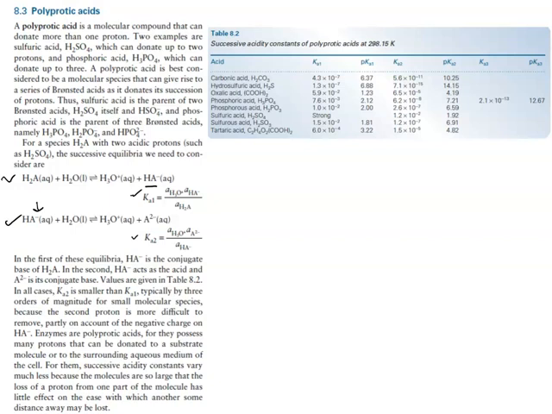For them, successive acidity constants vary much less because the molecules are so large that the loss of a proton from one part of the molecule has little effect on the ease with which another, some distance away, may be lost. So they're a little bit more robust in terms of seeing these large differences in pKa's between successive losses of protons.